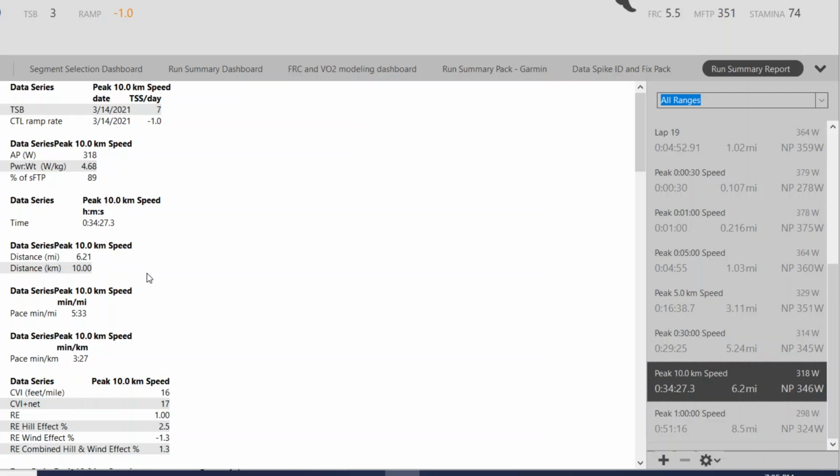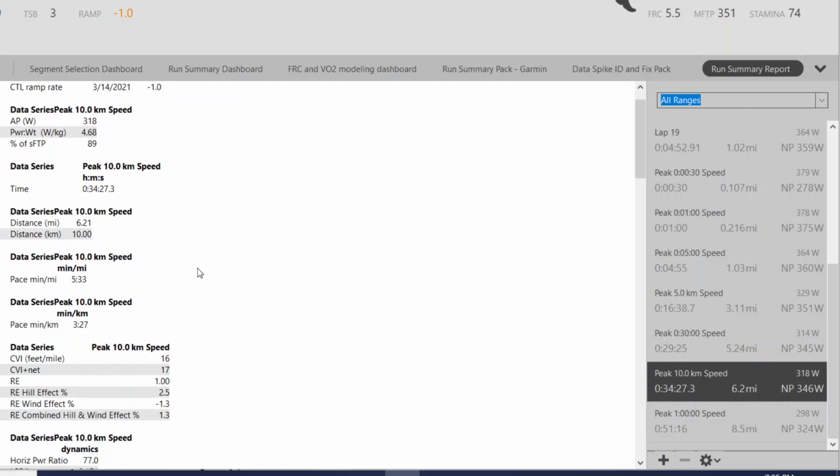And for me, rather than doing math in my head, it's right there. I have them both. It has pace in minutes per mile and pace in minutes per kilometer. That's displayed here.